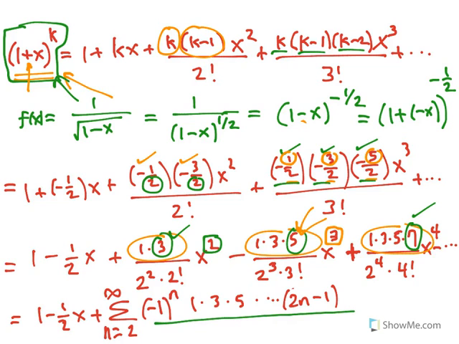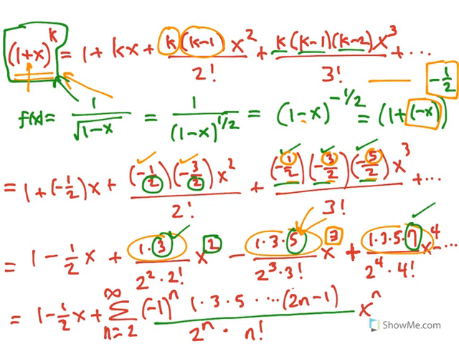So now we have to take care of the denominator, which is of course 2 to the n times n factorial. And then you have x to the n. That's the part that I neglected to take care of, because you know that our function is actually 1 plus negative x to the negative 1/2.